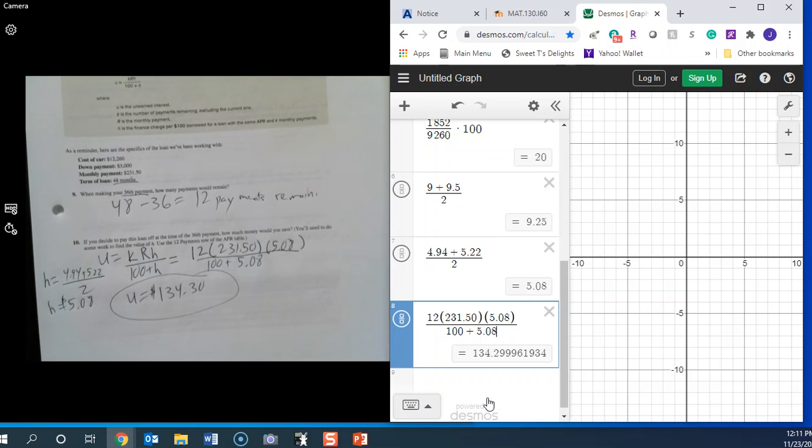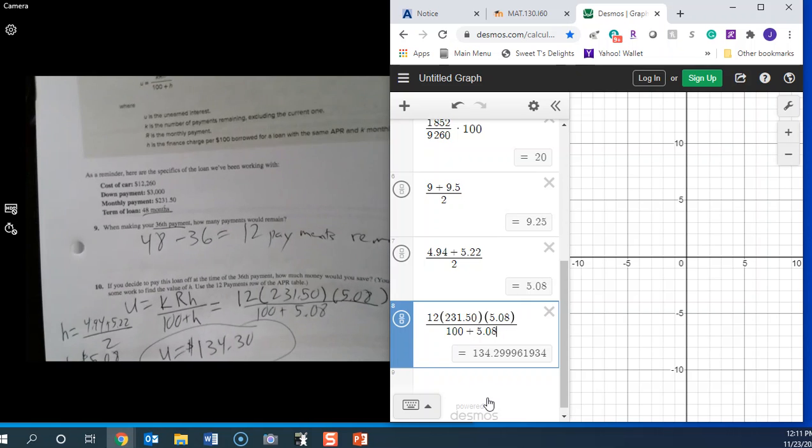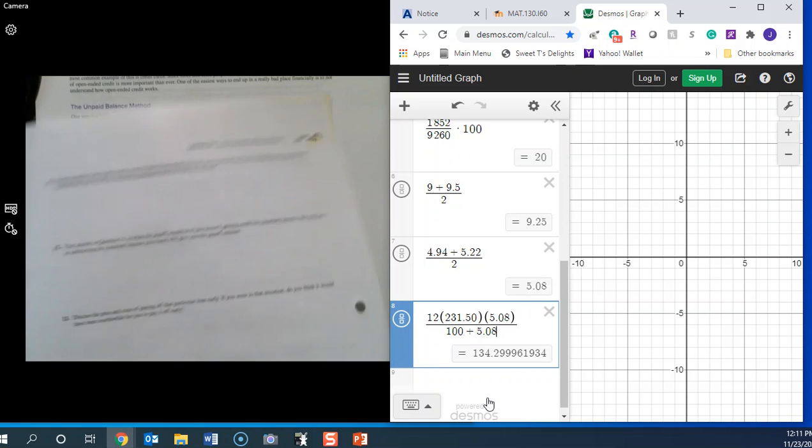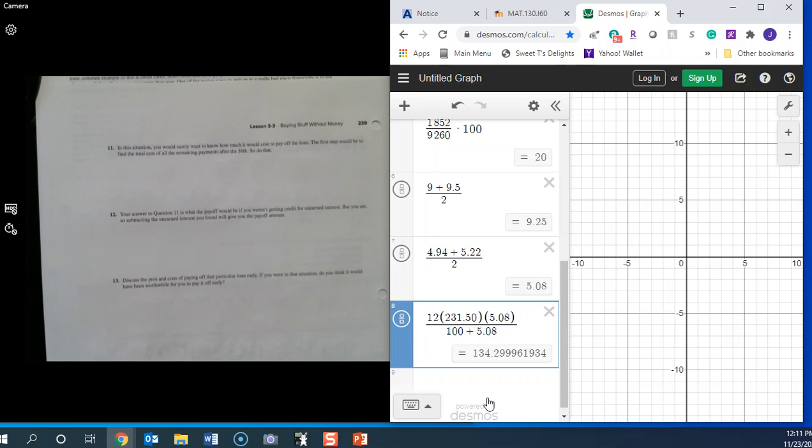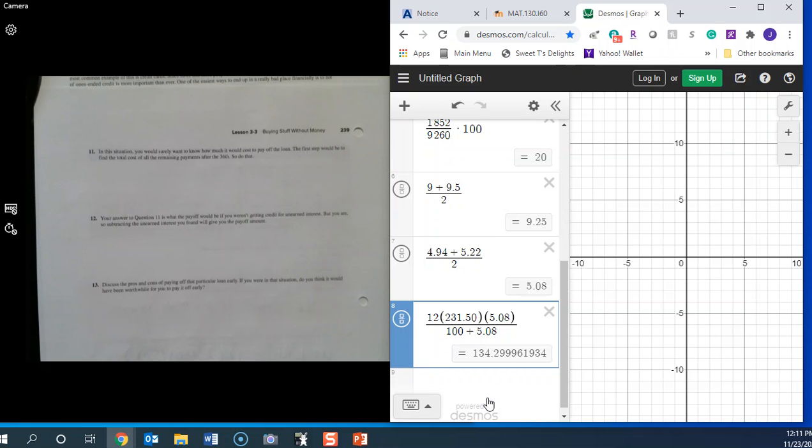All right, so we move on to the next page. It says, in this situation, you would surely want to know how much it would cost to pay off the loan. The first step would be to find the total cost of all the remaining payments after the 36th payment.